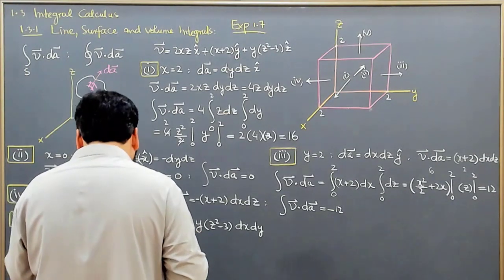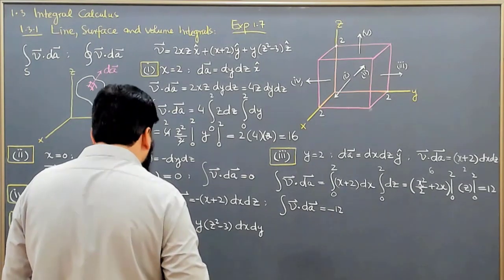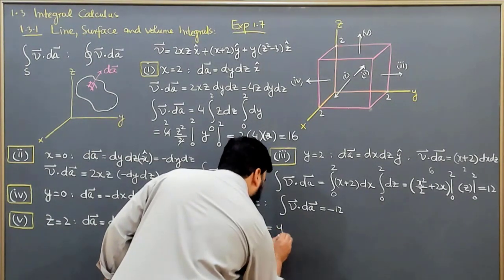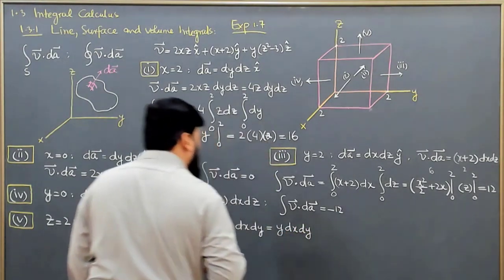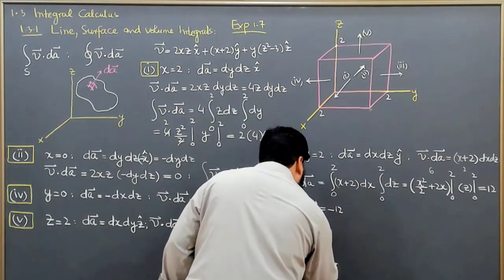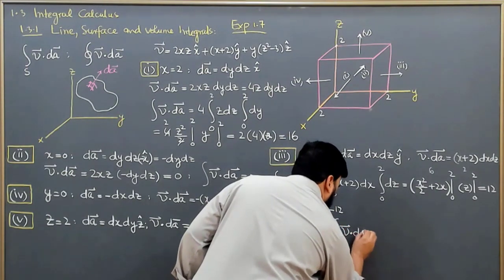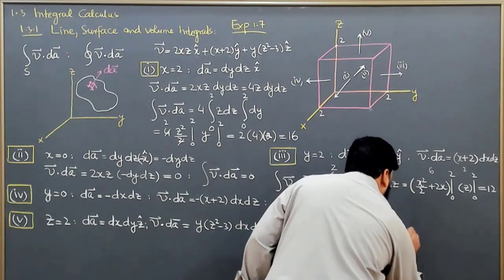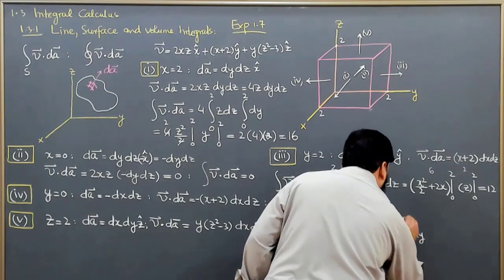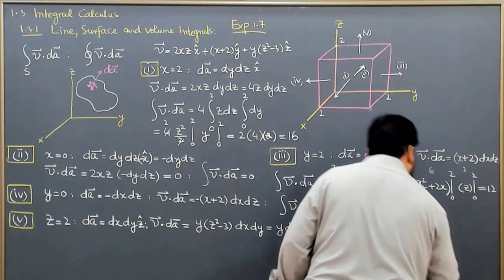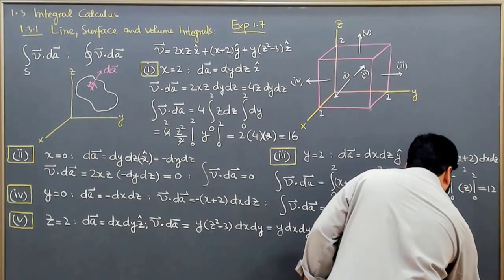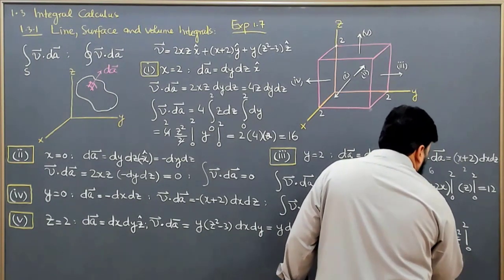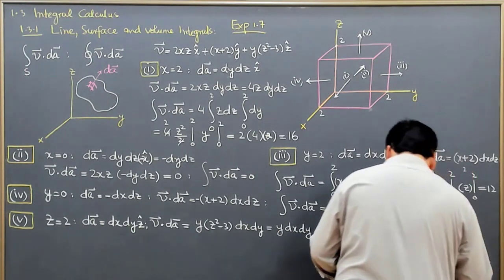We know here that the value of z is equal to 2, so 4 minus 3 is 1. So we have y dx dy here. We further calculate the integral of v dot dA, which is the integral of dx from 0 to 2, and y dy from 0 to 2. This comes out to be 2 for x, and y square over 2 from 0 to 2, the 2 will cancel, and this comes out to be 4. So this is equal to 4.